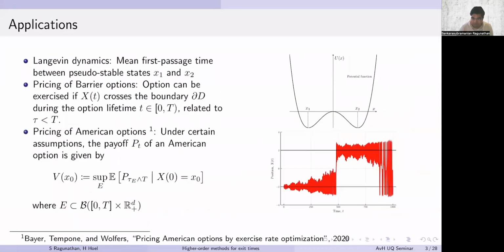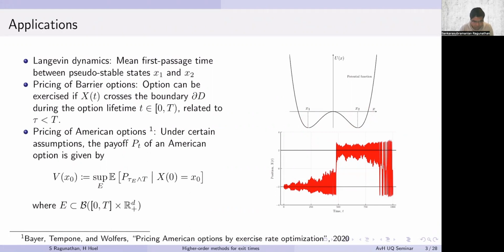So what are the applications of exit times? So the very first application comes from physics, which is related to Langevin dynamics, where we are interested in computing the average time that a particle which is in state x1 takes to traverse to state 2, shown here, and back and forth, basically. So we are interested in computing the mean passage time for a particle between the pseudo-stable states. And second application would be related to pricing of barrier options.